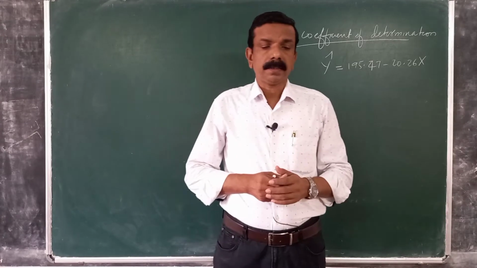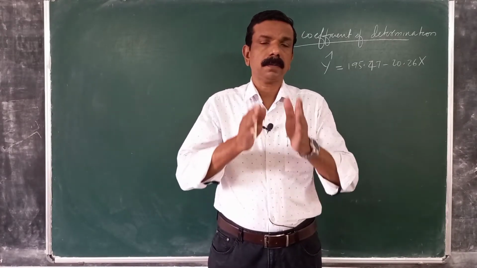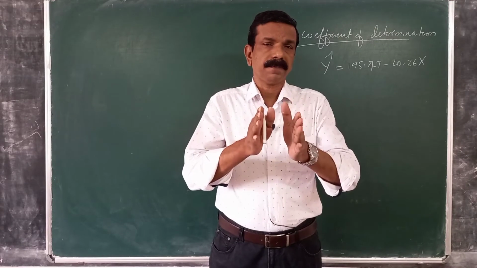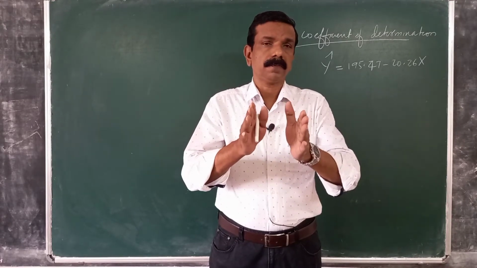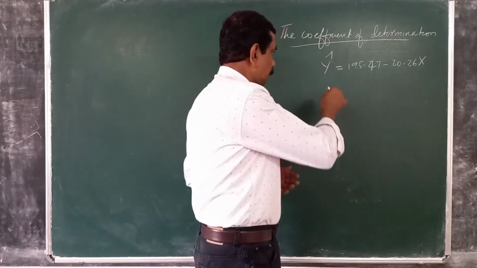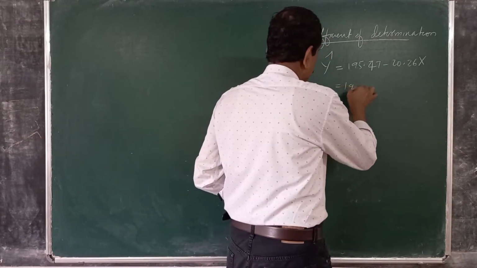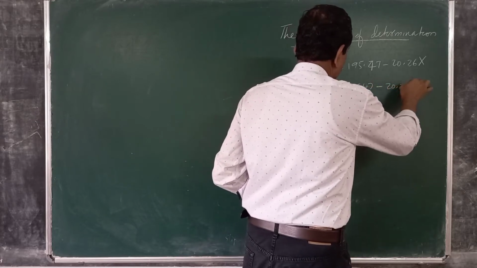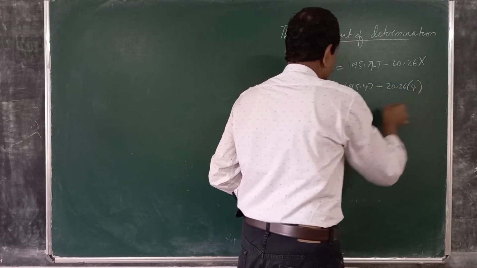Now suppose that we want to predict the price of a car which is 4 years old. So we substitute the value here, 195.47 minus 2.26 into 4.